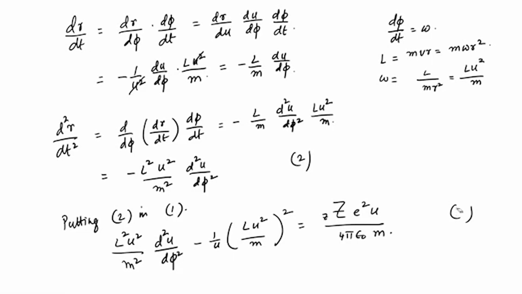Okay. So, we can write this, instead of defining this as 3, we can define the next one where we do a bit of simplification and write this as d2 u d phi 2 plus a u equal to minus z capital Z E square divided by 4 pi epsilon 0 L square, and we use this impact parameter, writing L in terms of m, v and b.